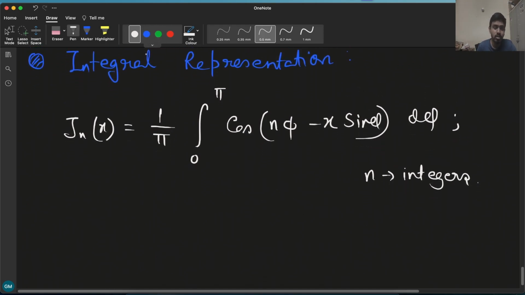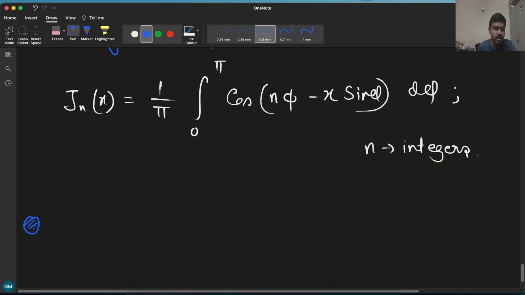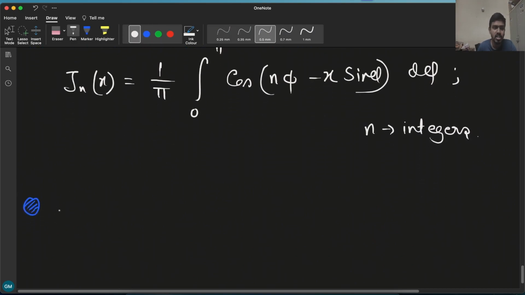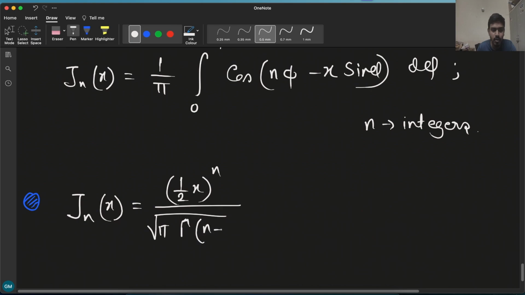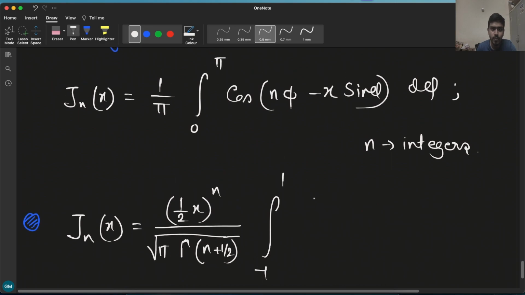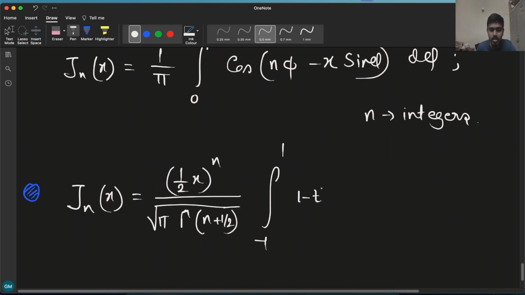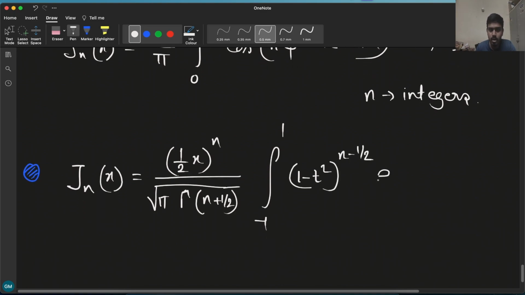There is also another method from which these Bessel functions can be generated, which is also an integral, that is J n x equals x by 2 to the power n divided by root pi times gamma of n plus half, times the integration from minus 1 to 1 of 1 minus t square whole to the power n minus half, e to the power i x t, dt.